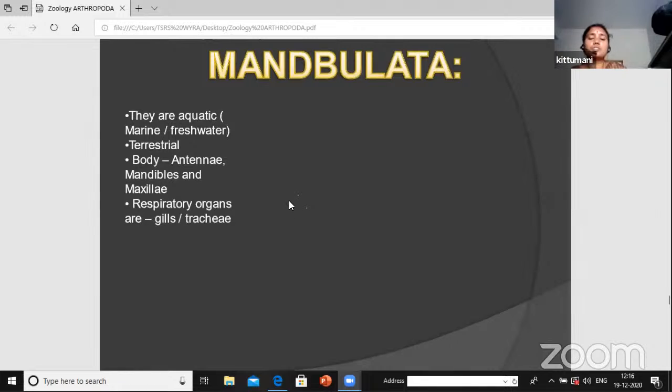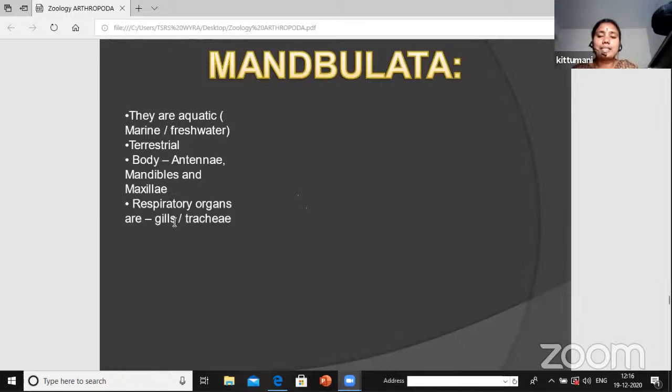The next and last subphylum is the Mandibulata. What is that, students? Mandibulata. They are aquatic, meaning marine and freshwater, and terrestrial also. The body bears antennae, mandibles and maxillae.